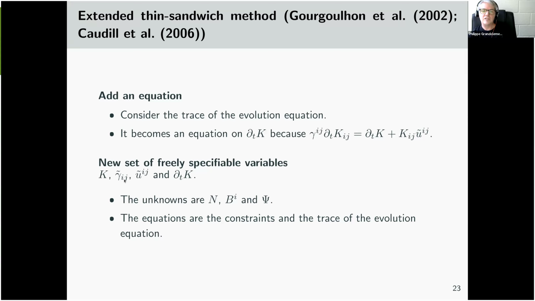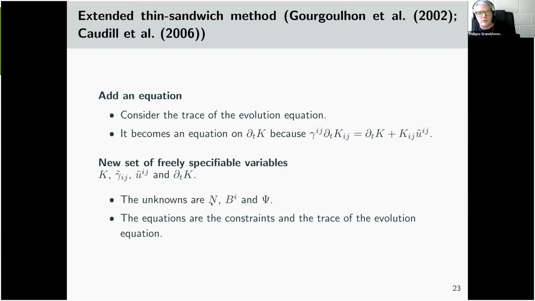And what it does is the following. It actually changes the choice of freely specifiable variables. So essentially, instead of choosing the lapse, you're now able to choose the time derivative of K. The price you have to pay is that now not only must you solve for the shift and the conformal factor, but you must also solve for the lapse.